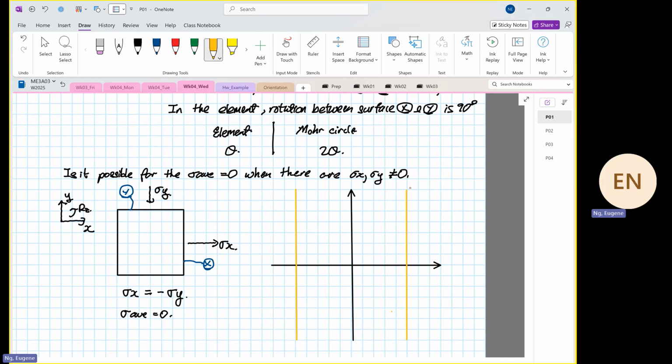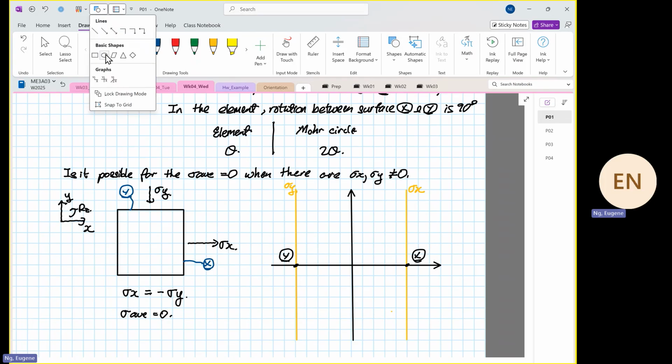So when this is the case, we label this as your stress X line. This is your stress Y line. So over here, we happen to call this our point X. And over here, we happen to call this our point Y. So from here, we can construct another circle.